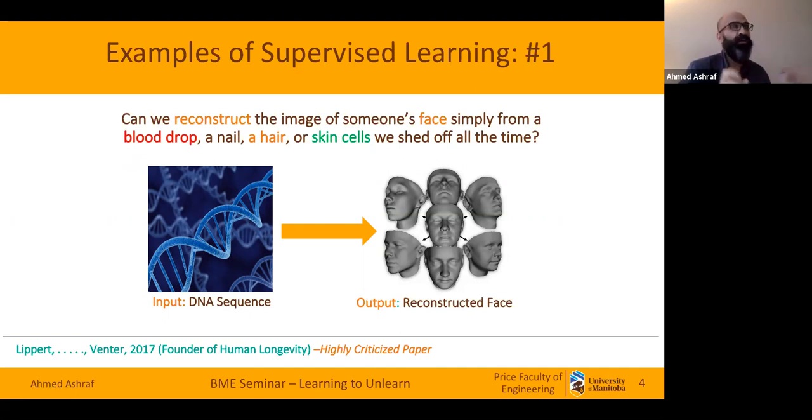So it's kind of like a crime scene investigation. The input is a DNA sequence, and the desired output is that you want to reconstruct the face of the person from that sample. We'll see how this is a supervised learning problem.